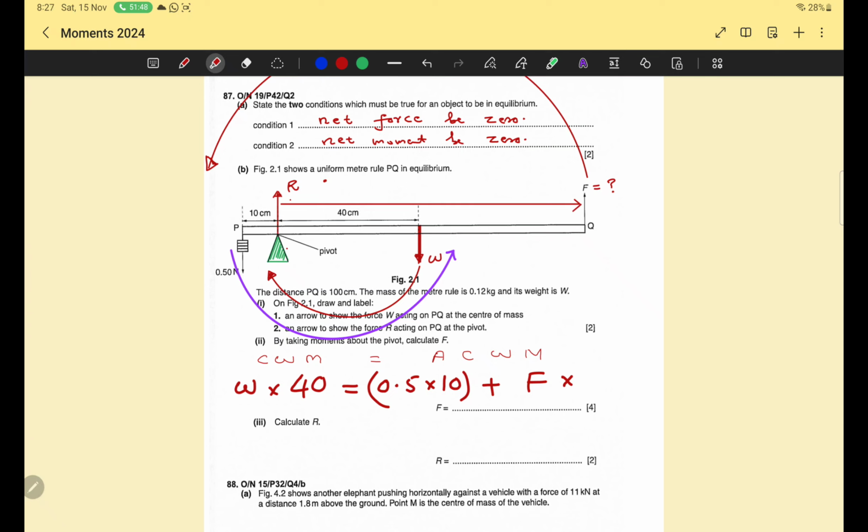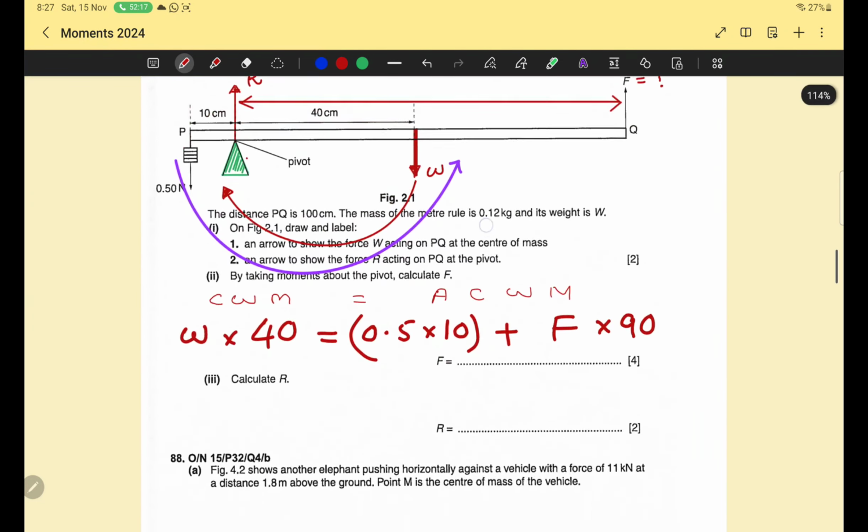What is this distance? Total length is 100 centimeter. 100 minus 10. It is 90.